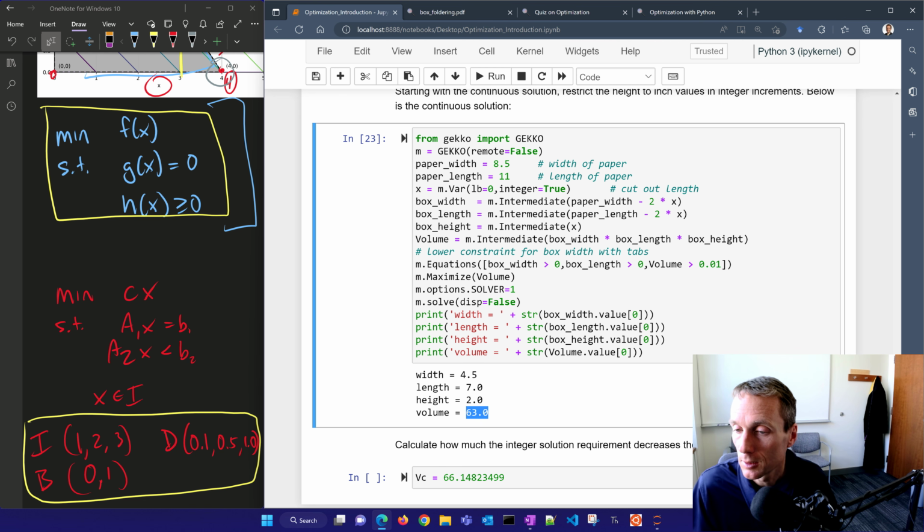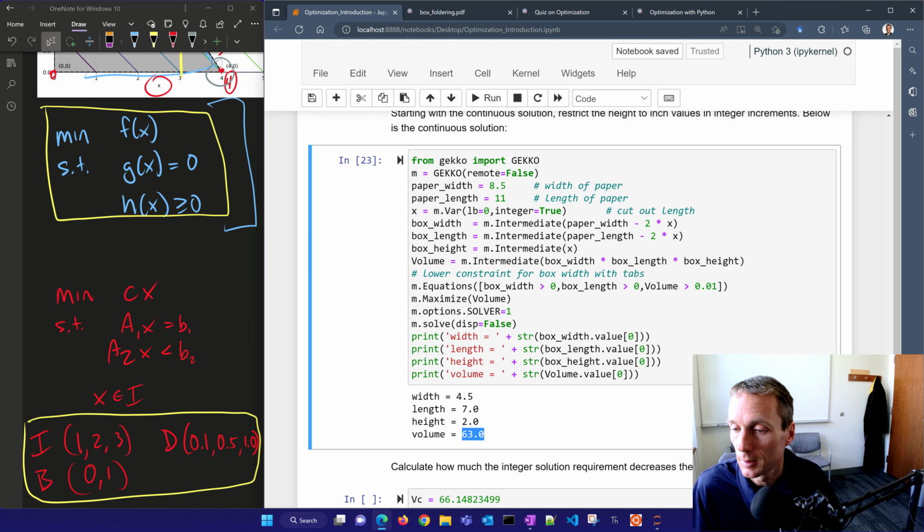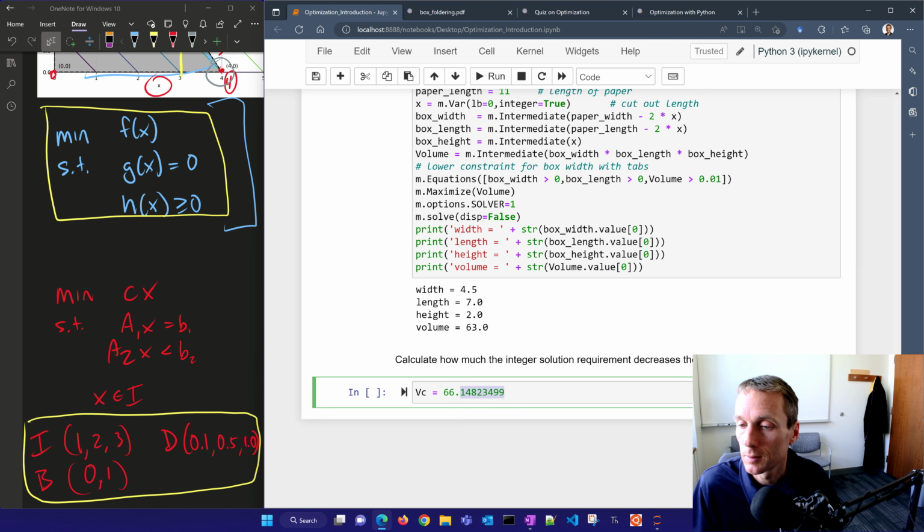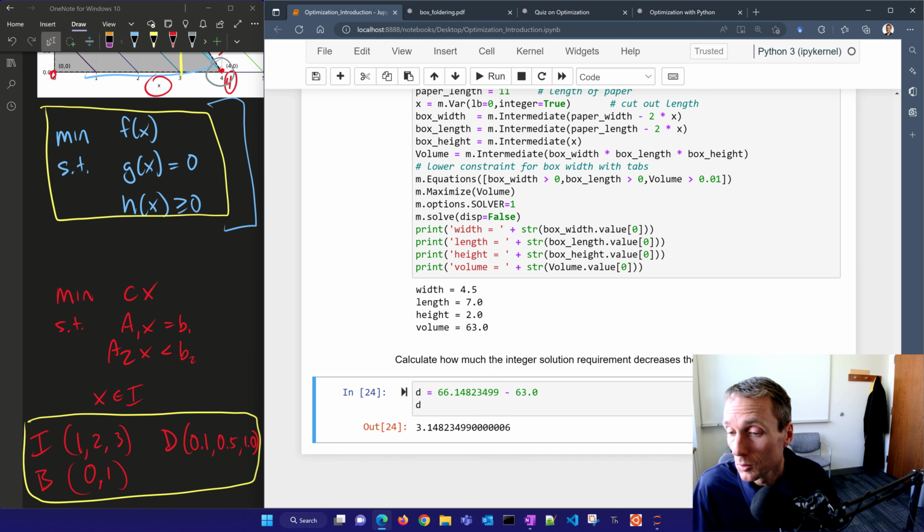And then you can see there's my new volume right here. I'm going to copy this over. Okay, so my volume difference is going to be this amount. I'm losing 3 cubic inches in my box by enforcing that I have this integer value.